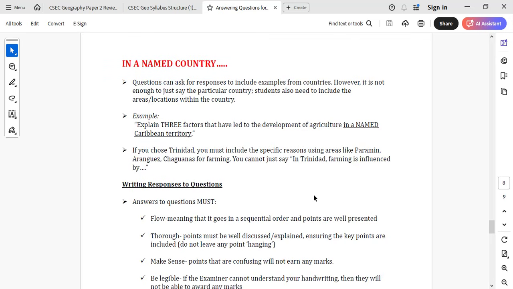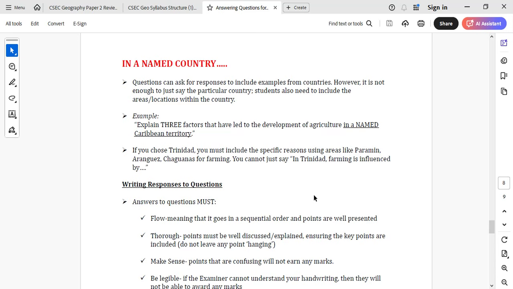In a named country, or sometimes they say, using an example, be specific. If you're talking about agriculture, don't just say in Trinidad. The whole of Trinidad is not in agriculture. Say Parliament, Trinidad. Aranguez, Trinidad. In the northeastern part of Guyana, on the coastal plain of Guyana, use the specific. If you're talking about any sort of activity, population, urbanization, Port of Spain, Trinidad, rural areas in Toco, Trinidad, don't just say in Trinidad.